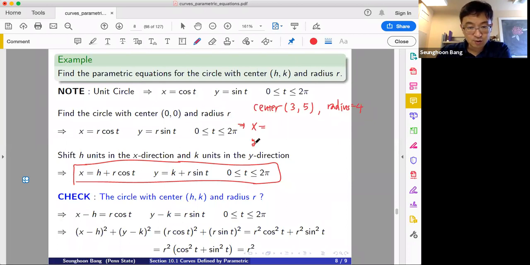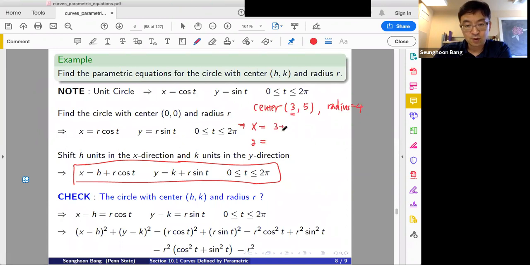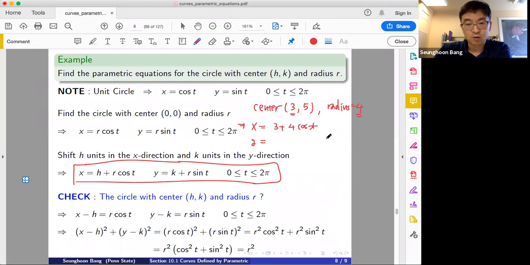What's the parametric equation of x? Could you write your answer on the chatting board? What is x? So we can find the parametric equation. Yeah, okay, good. Only use 3. Yes, 3 plus 4 times cosine of t. You're right. What's y? Could you write the y on the chatting board, please? What's y?